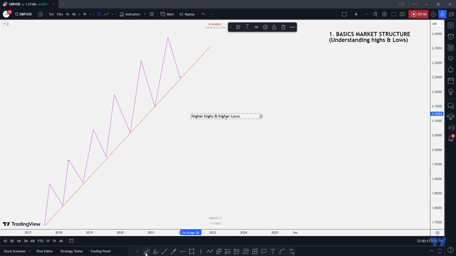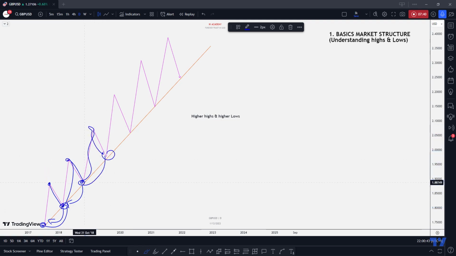Now we can clearly see that the market is creating higher highs. What do I mean by higher highs? You can see this low is clearly a lower point than this particular low. So this low is higher than this low, and this low right here is higher than this low. So the market is creating a high, a low, a higher high, a higher low, another higher high, and a higher low.